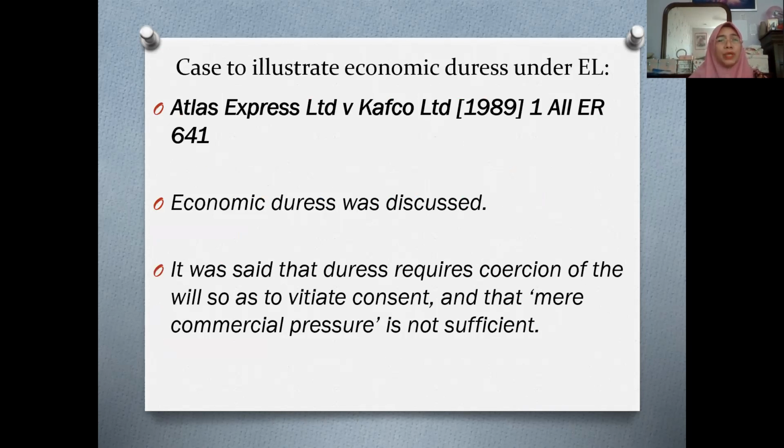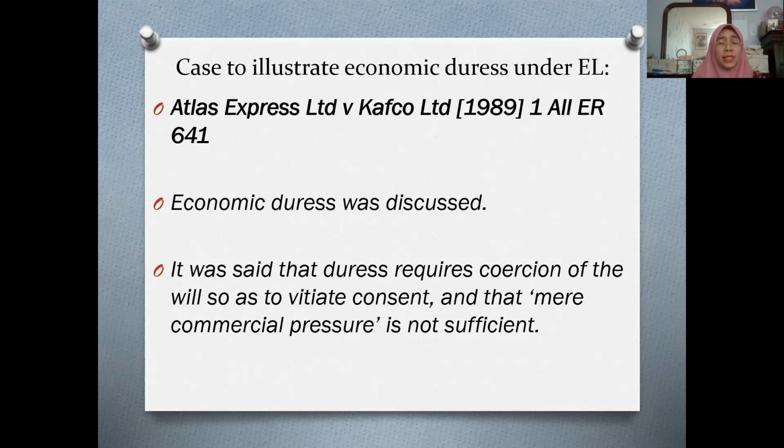We have two cases to discuss economic duress. The leading case, in which the court made a finding in favor of the victim where economic duress was imposed, is Atlas Express Limited v CAFCO Limited, 1989. Why is it important?